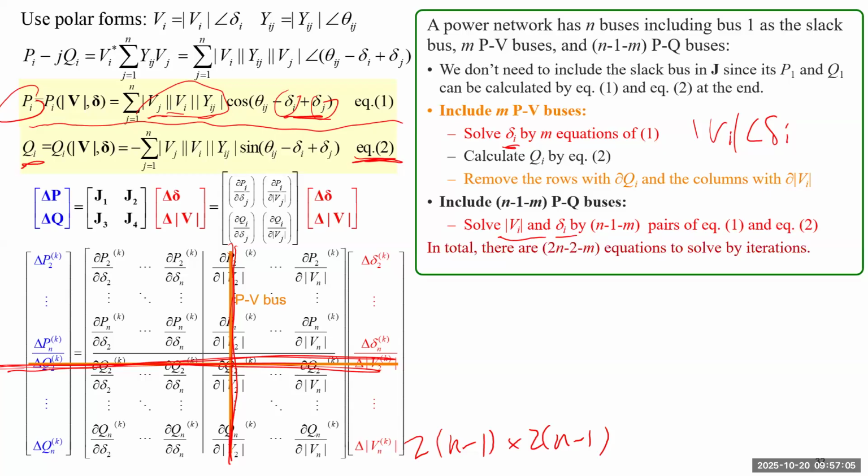So eventually, what's the dimension of the Jacobian matrix? We start from 2 times n minus 1 by 2 times n minus 1. This is our original dimension. So on each dimension, we have 2n minus 1, then minus m, right?